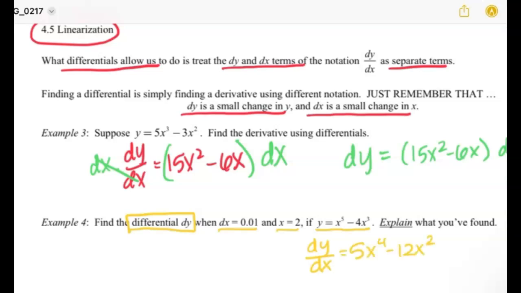And then we saw in the previous example, we can actually multiply the side by dx. And so this is the information we're given. So from here, let's just plug in what we know. We don't know dy. We want it at x of 2.